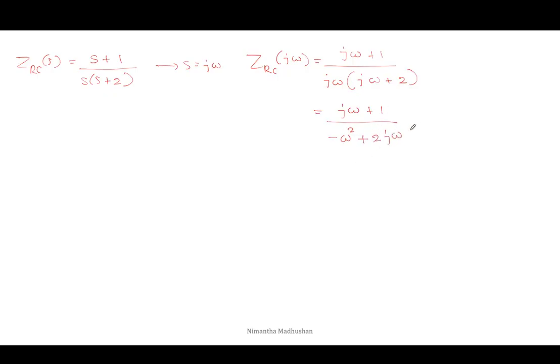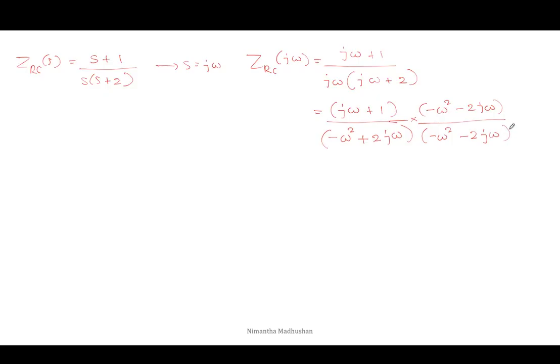To find the real part, we have to multiply both the numerator and denominator by the complex conjugate of the denominator, minus omega square minus 2j omega.